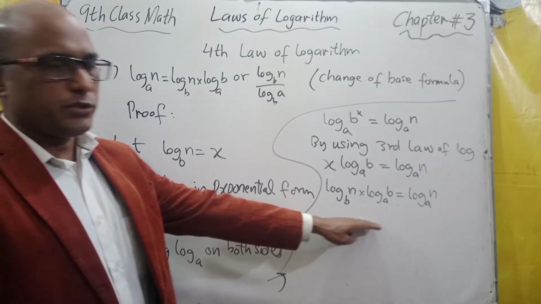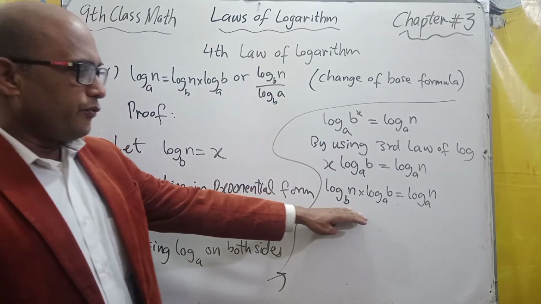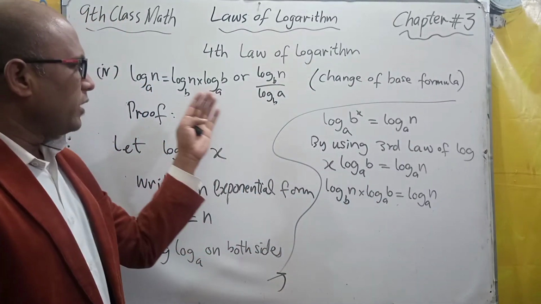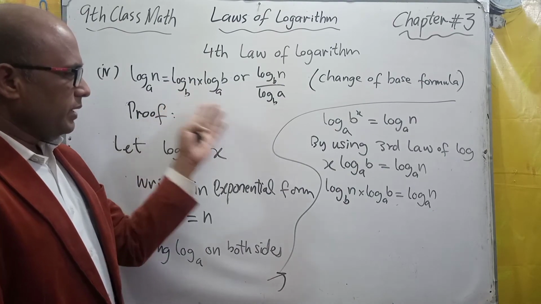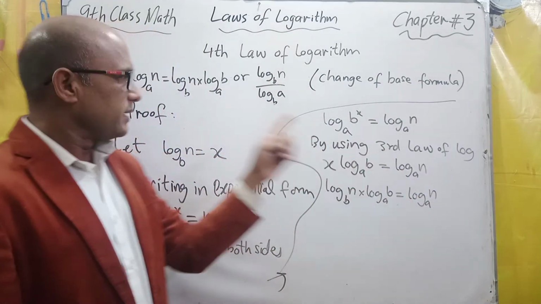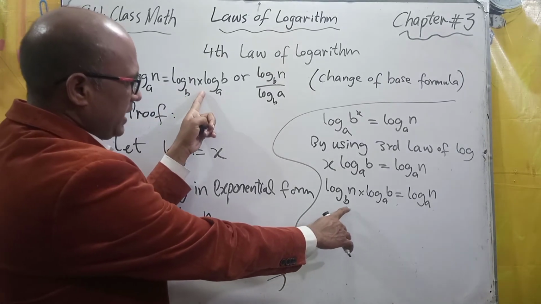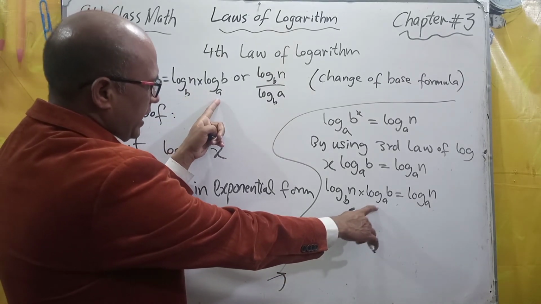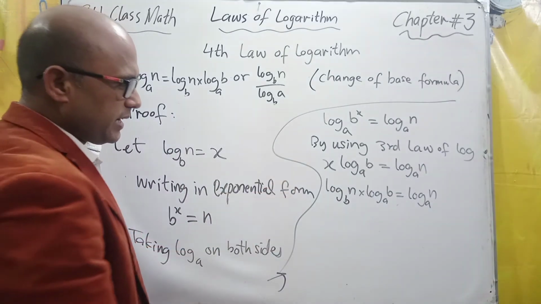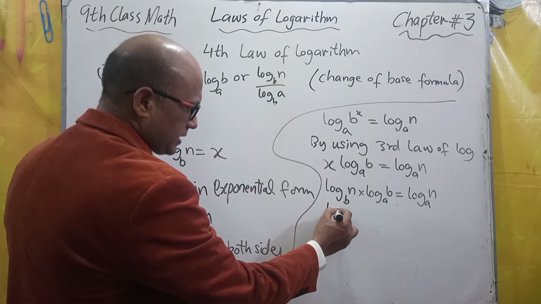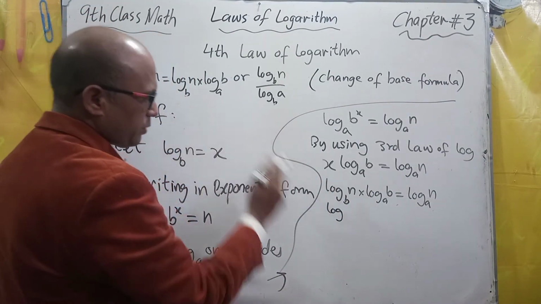So here is the situation, students. The first statement of the law is proved. Log A of n is equal to log b of n into log A of b. So we can just simply write it according to the statement.